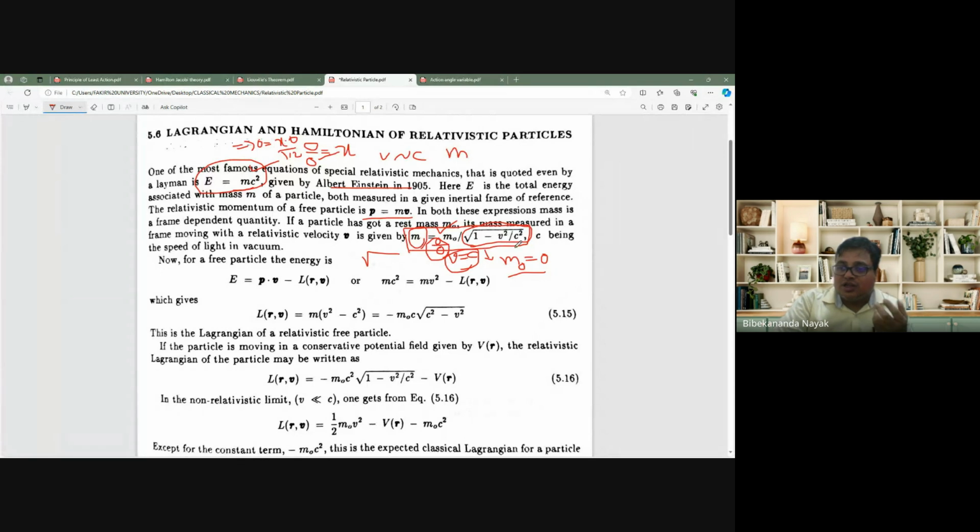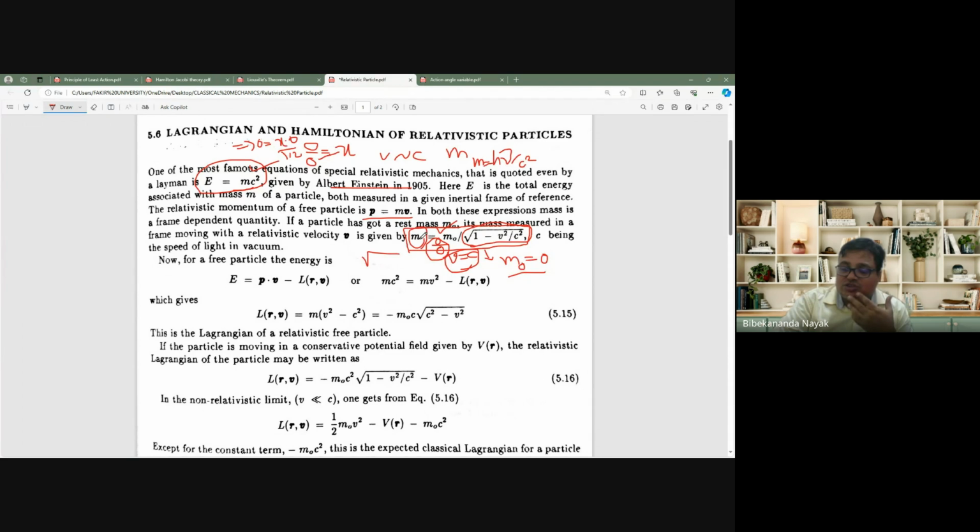For example, a photon's rest mass m0 is 0, but it moves with velocity c, so it has a mass when it is moving, and it has momentum and energy. We know energy is h nu. So m is equal to h nu by c square, because energy is equal to mc square.